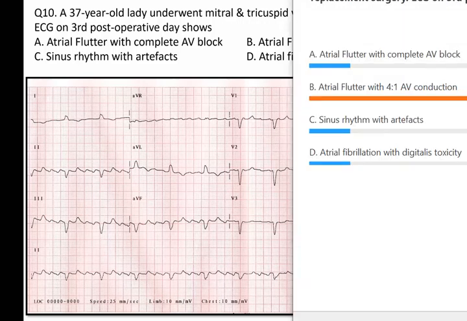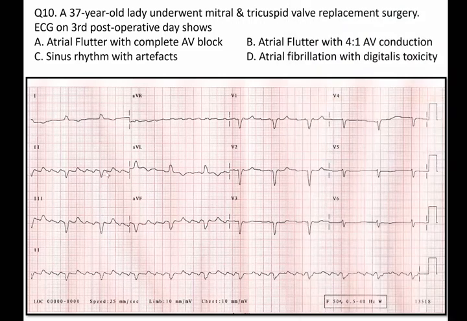So let's look at the answers. Most of you said that it is atrial flutter with 4 to 1 conduction, and that's not the correct answer. Now remember, whenever you're talking about atrial flutter, your diagnosis is correct. You see inverted P waves in leads 2, 3 and AVF and upright P waves in lead V1, indicating typical counterclockwise atrial flutter. But do not assume that this patient has intact antegrade AV conduction.